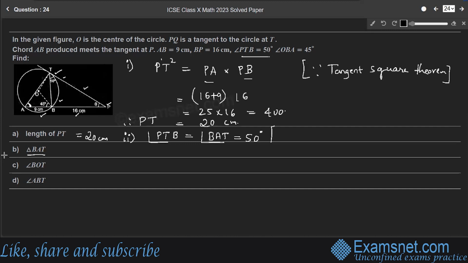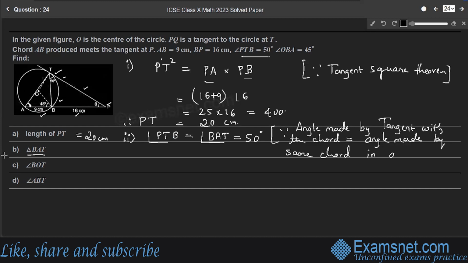The reason is: the angle made by the tangent with the chord is equal to the angle made by the same chord in the alternate segment.